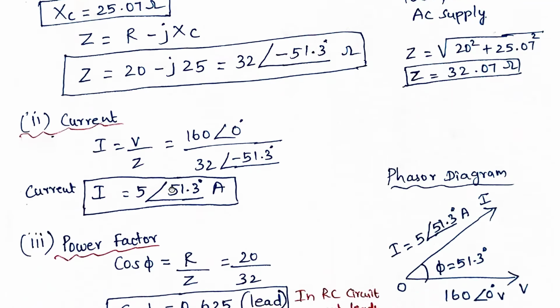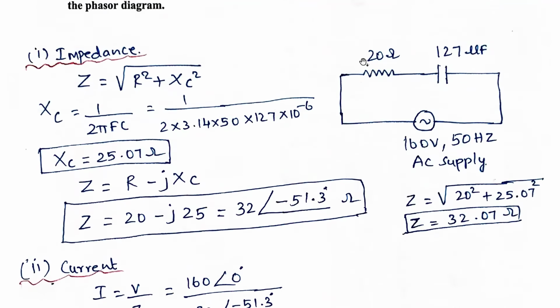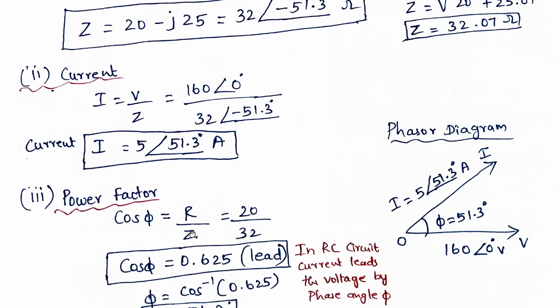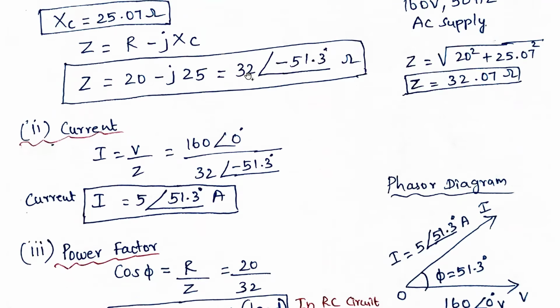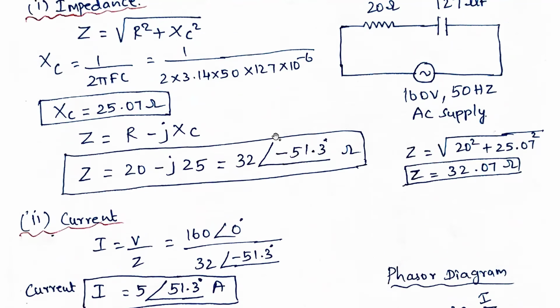Next is power factor. Power factor is cos phi. Cos phi is equal to the ratio of the resistance to the impedance, R by Z. R is 20 ohms, which is given in the problem. Z we calculated as 32. Here Z is only the magnitude, that is root of R square plus XC square, which comes to 32.07, so I am taking 32.